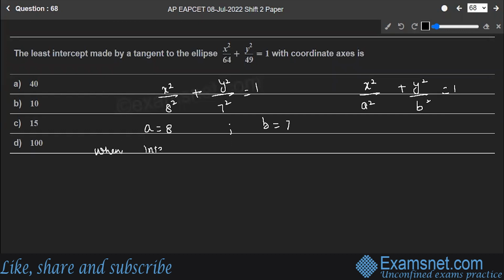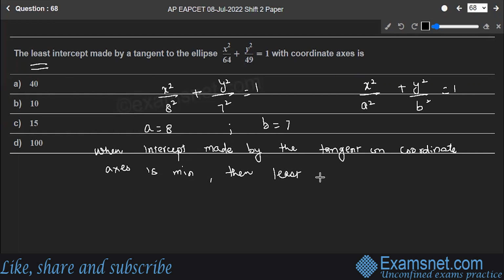When the intercept made by the tangent on the coordinate axes is minimum, because it has said in the question the least intercept, then the least value of intercept is 8 plus 7, that is equal to 15.